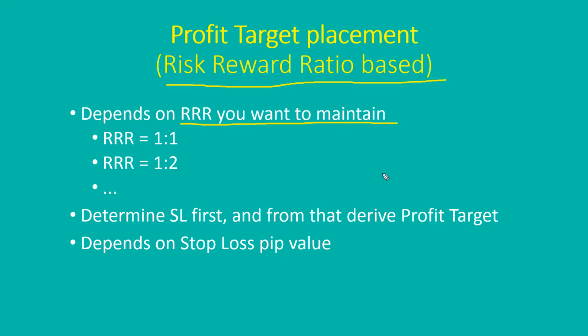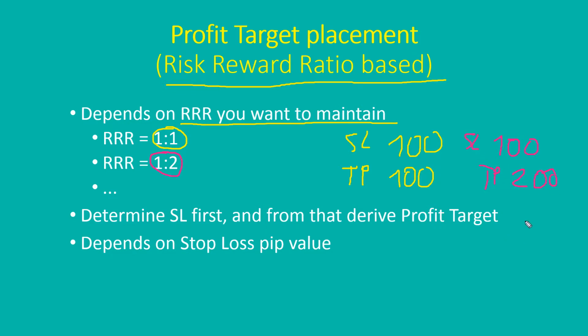So for example, if you set your stop loss to 100 pips, and you want to trade with risk-reward ratio 1, then your take profit will also be 100 pips. If you want to trade with risk-reward ratio 2, then if your stop loss was 100 pips, your take profit will be 200 pips.